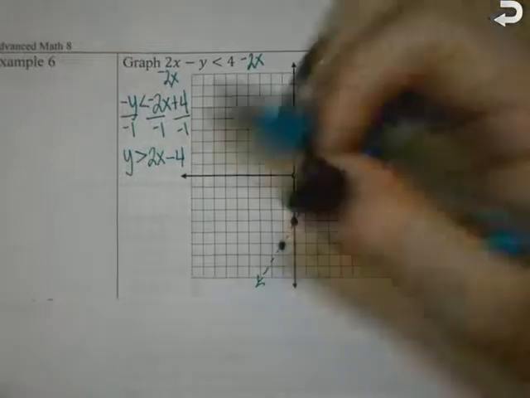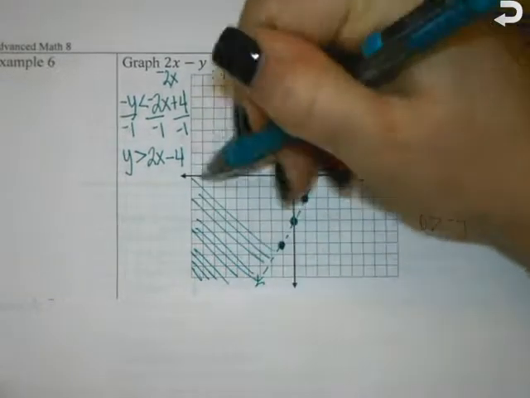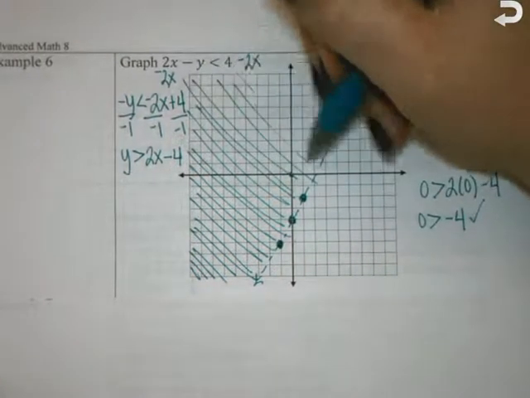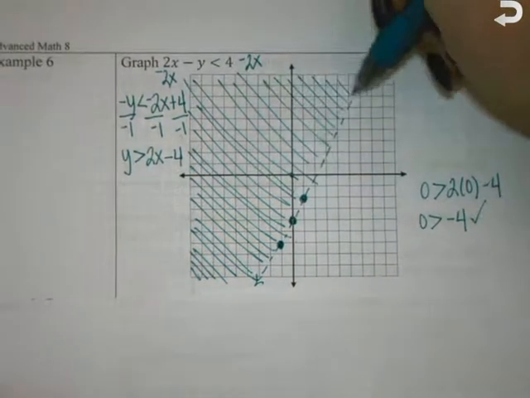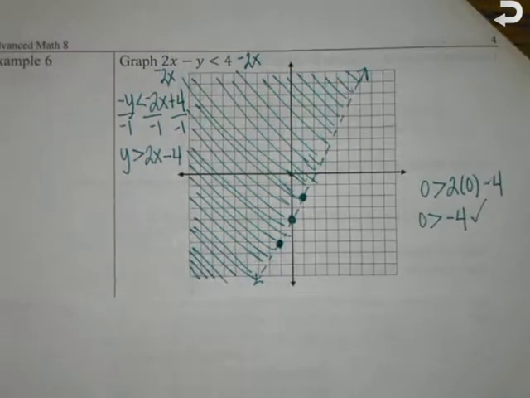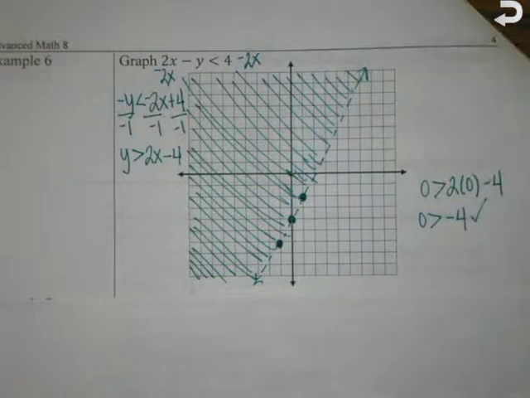So that means we're going to shade the plane that has 0, 0 in it. So above that dashed line, everything above that dashed line is a solution. So we just check 0, 0 because it's easy, but you could check any point in that shaded area and it will give you a true statement.